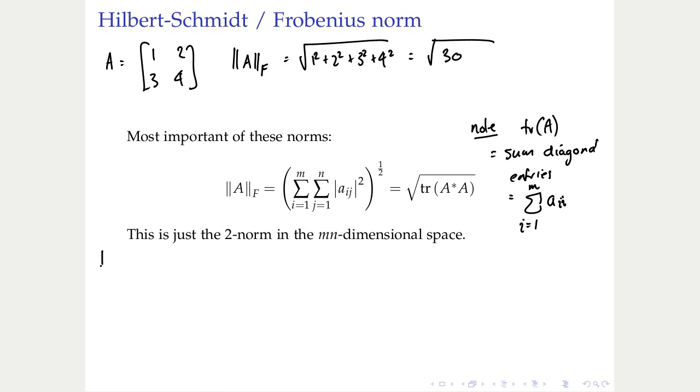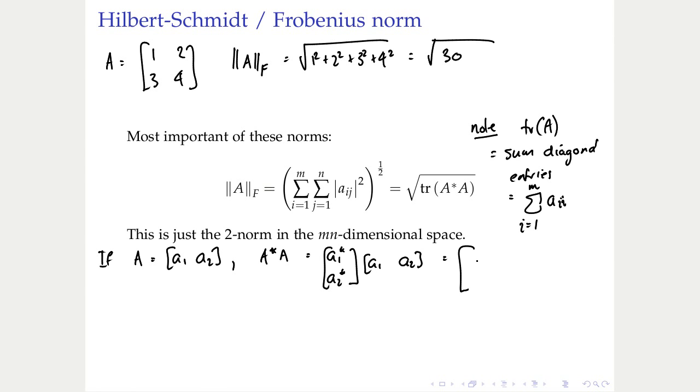Well, I'll just do it for the 2 by 2 case. If A is equal to [a1, a2], then A star A equals [a1 star; a2 star] times [a1 a2], which is going to be a 2 by 2 thing: a1 star a1, a1 star a2, a2 star a1, and a2 star a2.